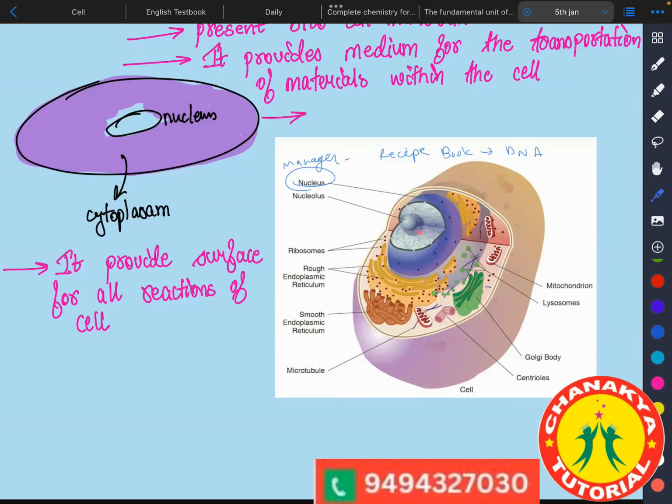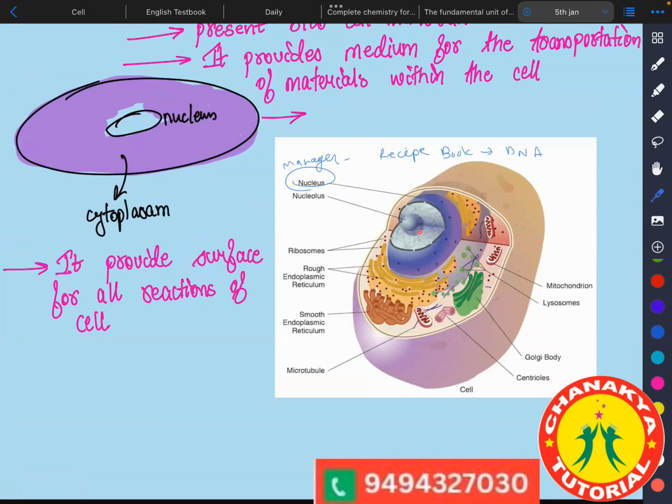Whereas if you order food, a delivery guy will receive the food from the hotel and deliver it at your home. So Golgi bodies are those delivery men, whereas the cell membrane and the cytoplasm are the medium which provides for this transportation. They themselves do not transport from one place to another, but they are a medium.